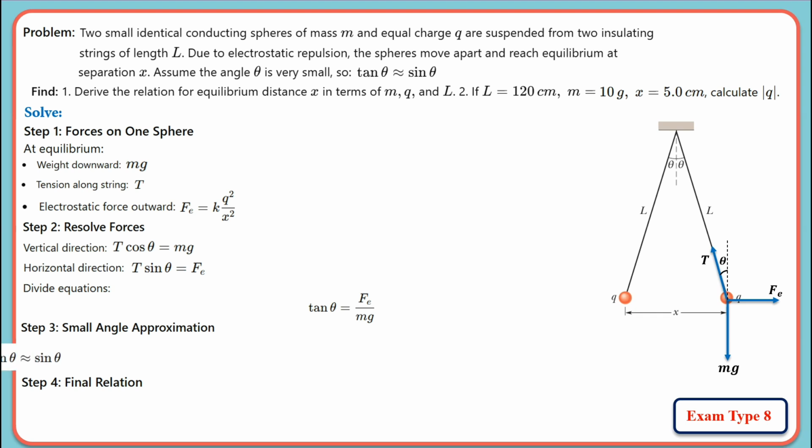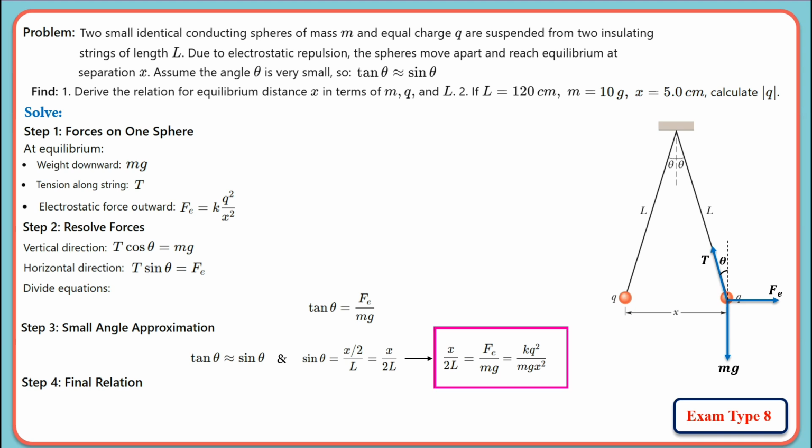Since theta is very small, tangent theta is approximately equal to sine theta. From geometry, sine theta equals x over 2L. Now substitute Coulomb's force, kq squared over x squared. So we obtain x over 2L equals kq squared divided by mg x squared.